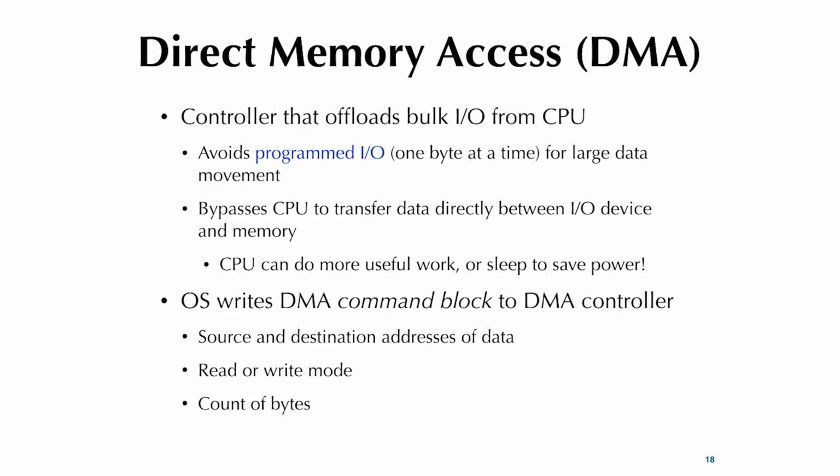Starting address, read or write, and how many bytes? Right? Usually like 512 or some multiple of 2 to the power. And then once it's set up, the CPU goes off and does its own thing. And the DMA controller sits there and deals with the device. You have data? Okay, fine, grab it.